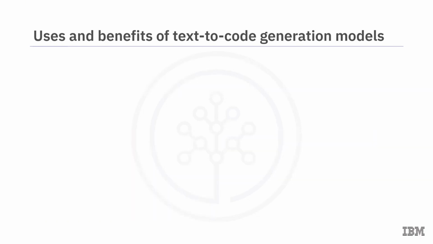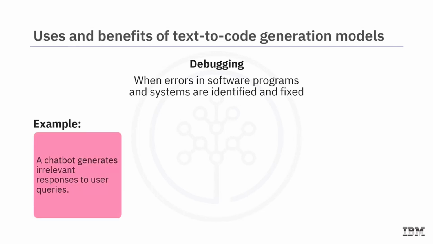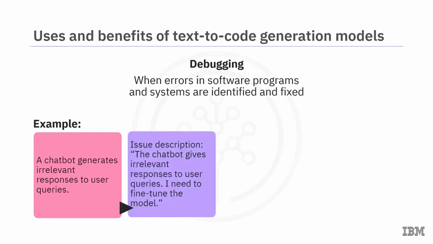Furthermore, the stable underlying architecture of text-to-code generation tools reduces the time spent on debugging. Debugging is when errors in software programs and systems are identified and fixed. For example, suppose a developer working on a chatbot using a generative AI model encounters a problem where the chatbot generates irrelevant responses to user queries. The developer states, the chatbot gives irrelevant responses to user queries.